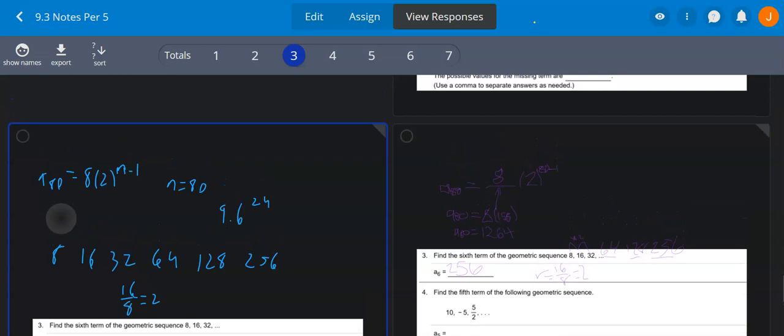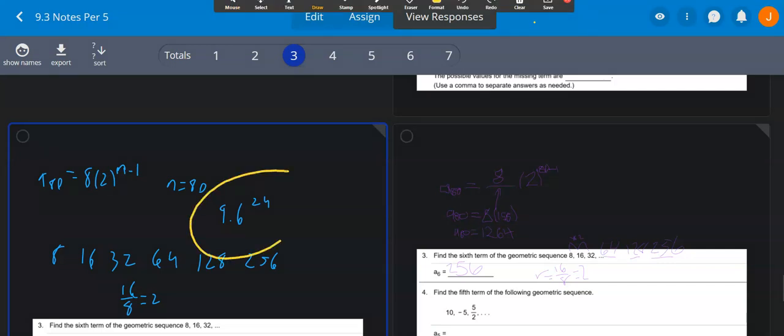I'm seeing some things like 9.6 to the 24th power. That's not true. So this right here is not what I'm looking for. I'm not sure how that number is coming about.